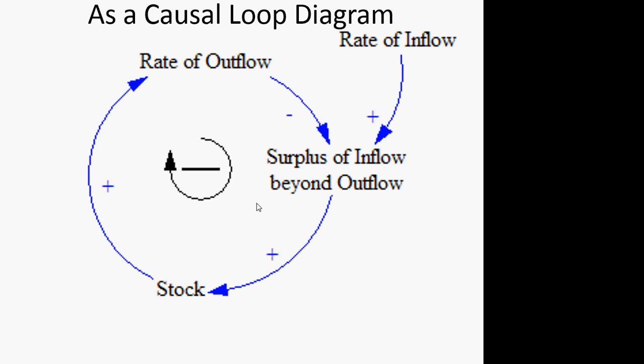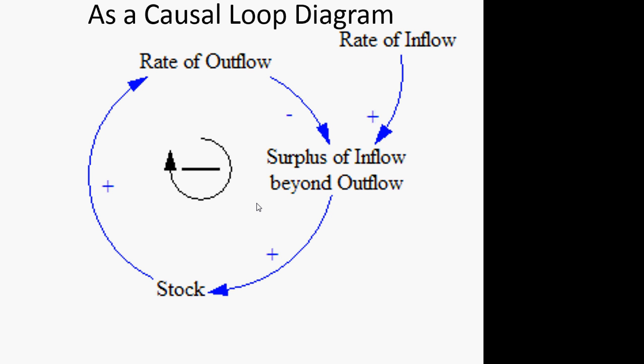You got that? Right? So here we have this stock. We have inflow. We have outflow here. There's some net inflow, which is inflow minus outflow.